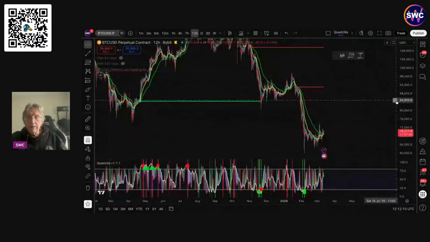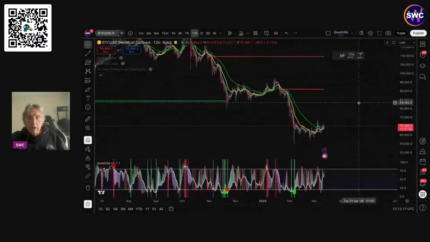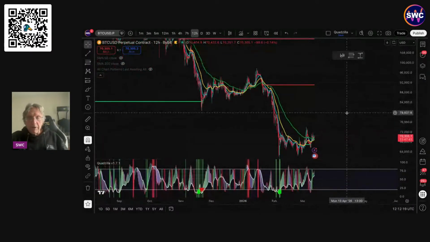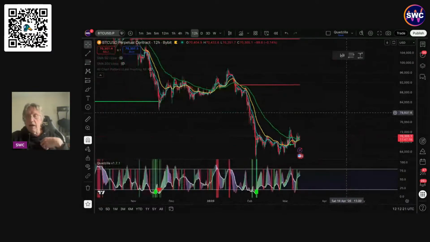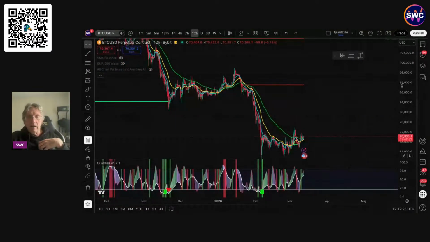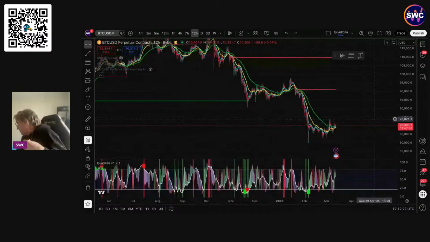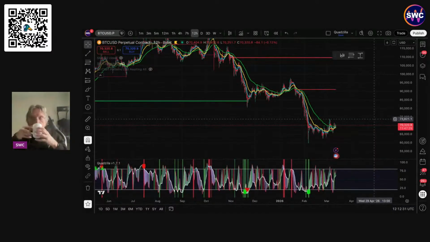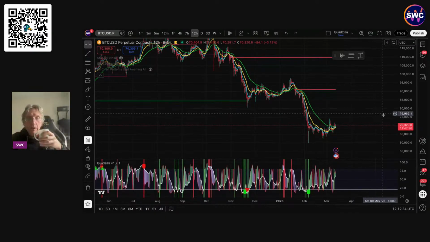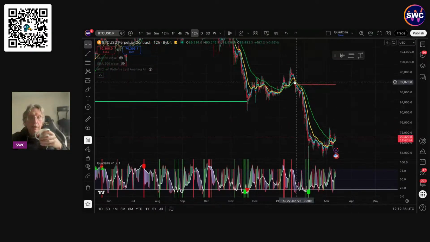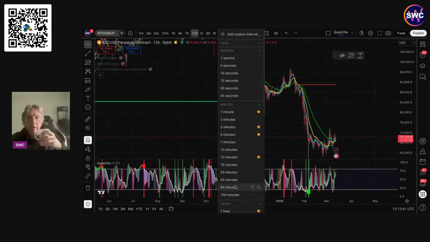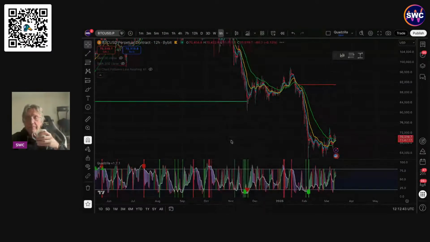Right, that's the 12 hour time frame. What do we reckon? I'm not feeling quite as bearish as I was the other day, actually. I think I was looking at the 9-hour time frame, quite a big one.